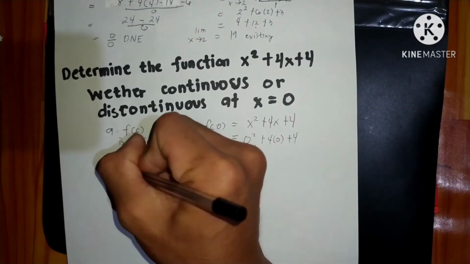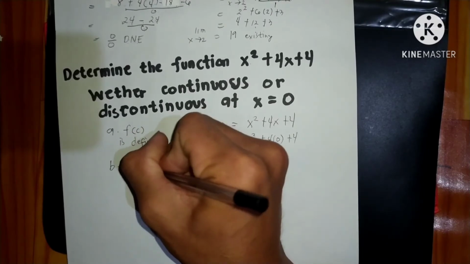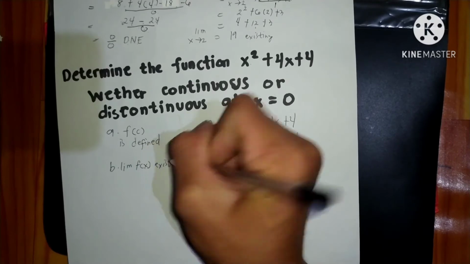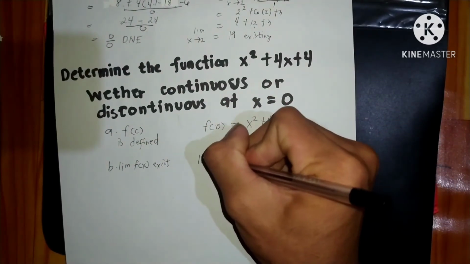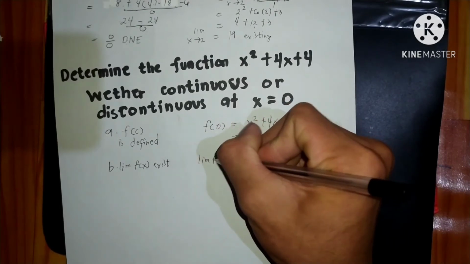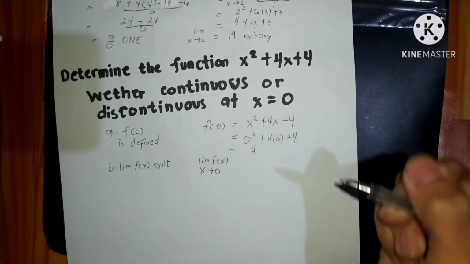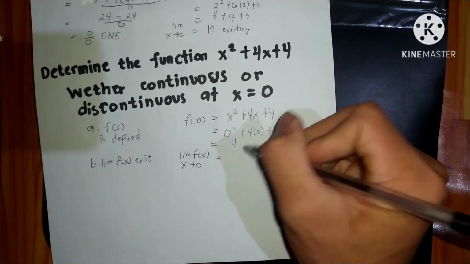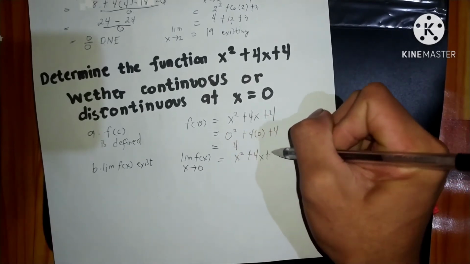For the second, limit f of x exists. So, limit f of x as x approaches 0. Kasi 0 ang nakalagay dito. So, x squared plus 4x plus 4.